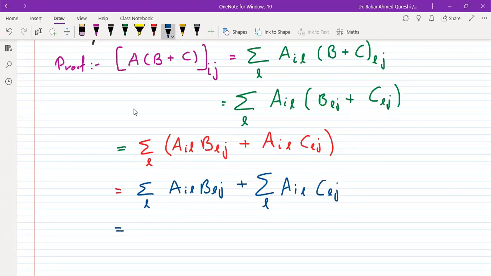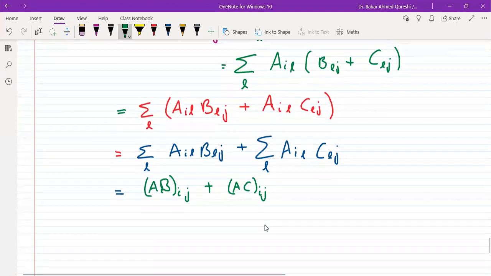But this is the formula. This says that this is the ith, jth component of AB. And this says that this is the ith, jth component of AC.